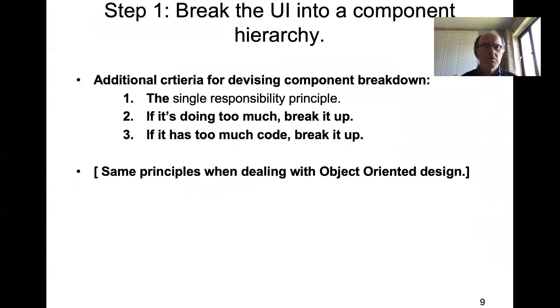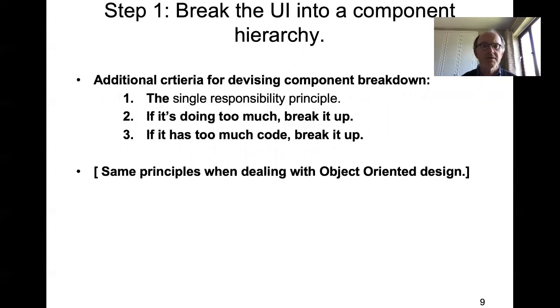As well, once you've done that, you may still decide that some of the components in your hierarchy need to be further broken down, and that's fine. Maybe when you start to code a component, you'll find that there's just too much going on. It has physically got too much code associated with it. And you may decide to break that component up into some subcomponents, that's fine.